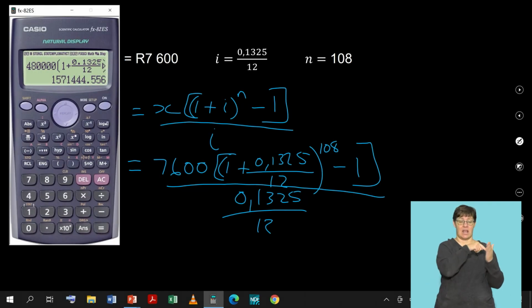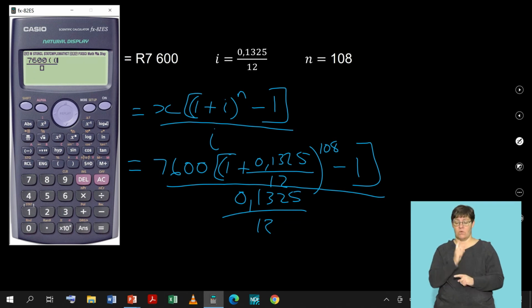So you go straight to the calculator from there. I'm going to just let that answer still stay there. 7,600 into 1 plus the bracket 0.1325 over 12, all raised to the exponent of 108, minus 1, close the bracket, over another fraction, 0.1325 over 12.